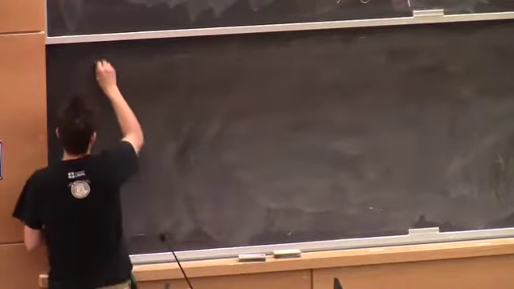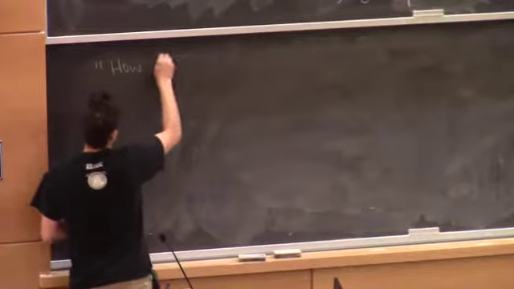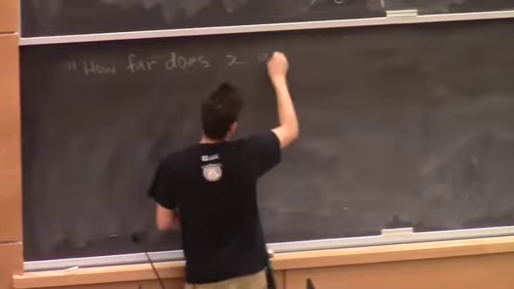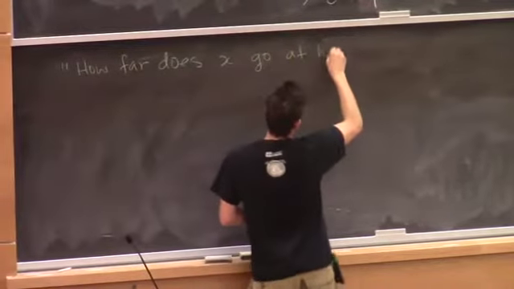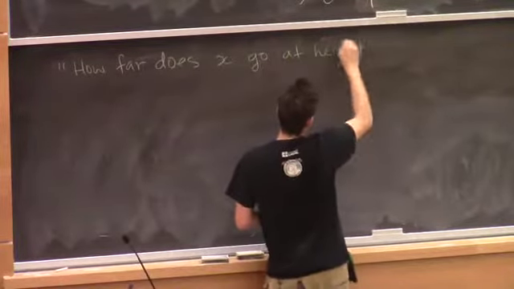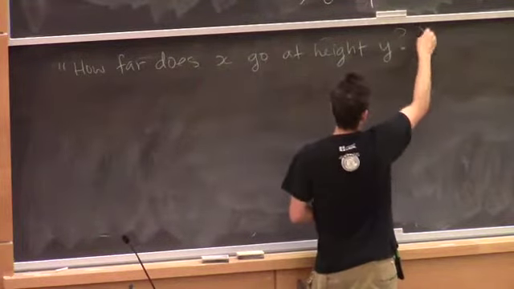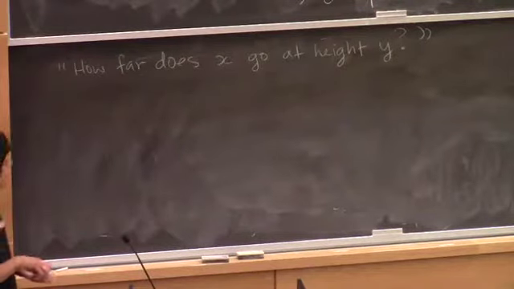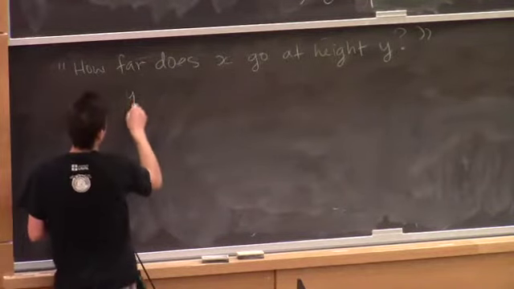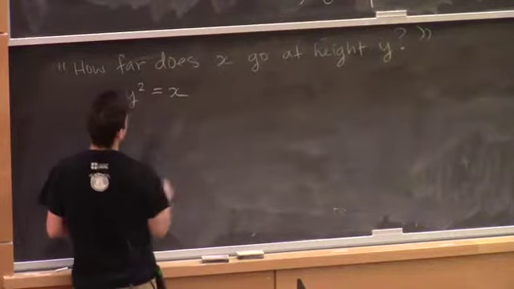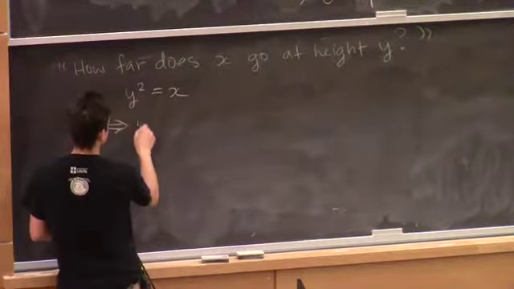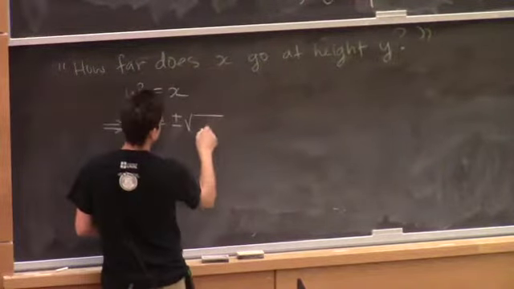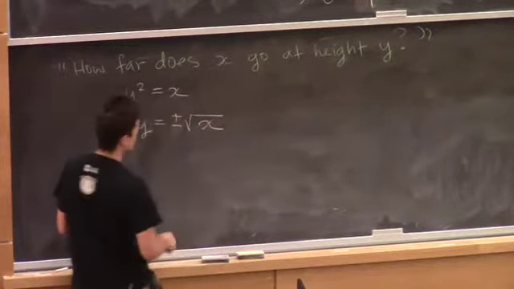So we're asking ourselves this question, how far does x go at height y? So we've got y squared is x, which tells us y is plus or minus root x.